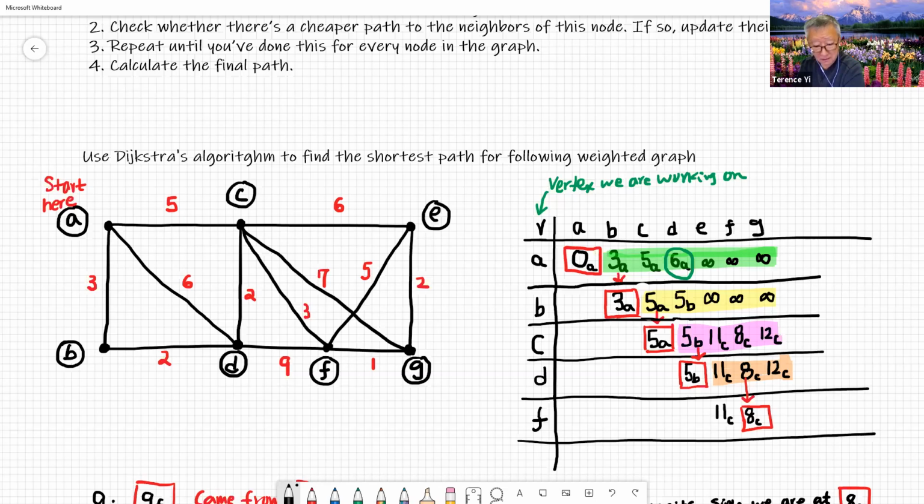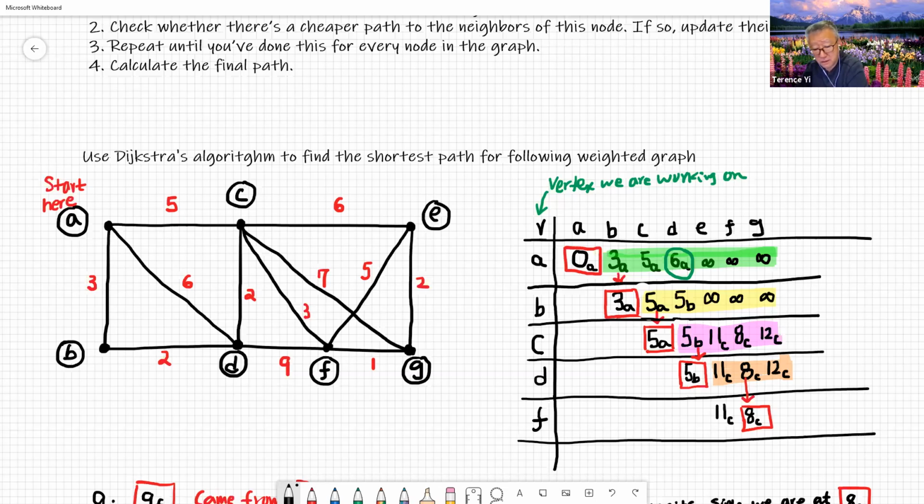The path between F and G is going to be 1. But if you're coming from A to C, that's going to be a 5. And if you're coming from C to F, it's going to be 3. And that's what I will show you in a minute.